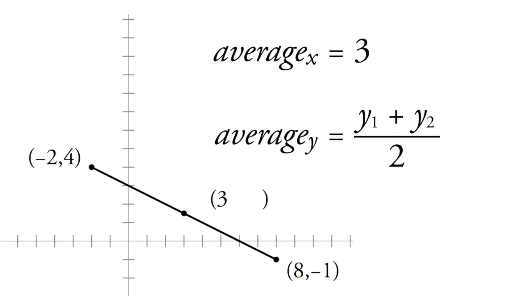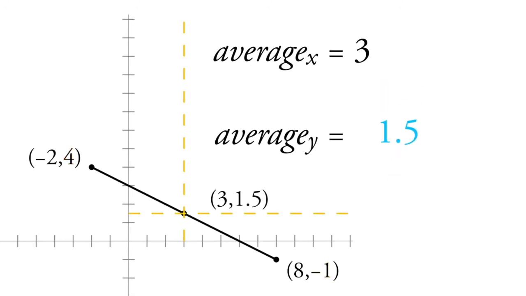And that means our midpoint is somewhere along this x line. And our y value is going to be the average of 4 and -1. So 4 plus -1 over 2 equals 3 over 2 equals 1.5. All right, so we want to know if the line goes through 3, 1.5.